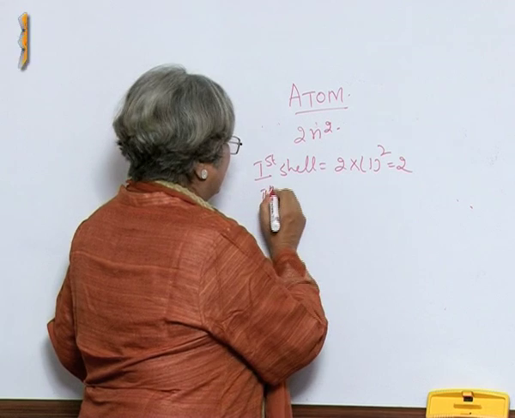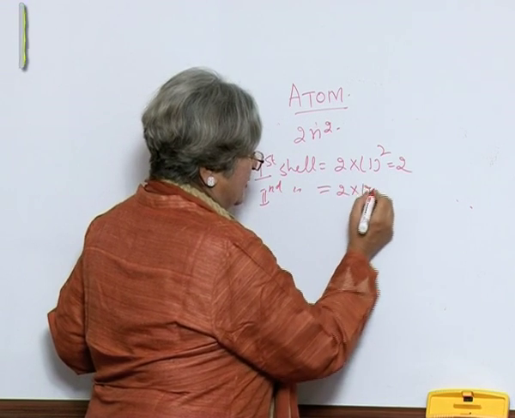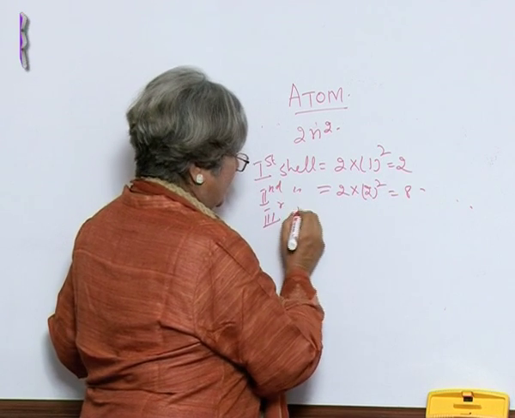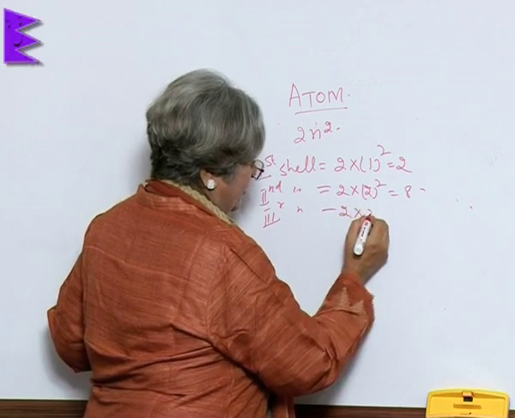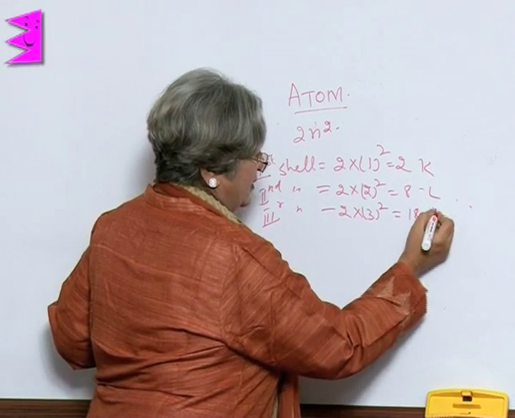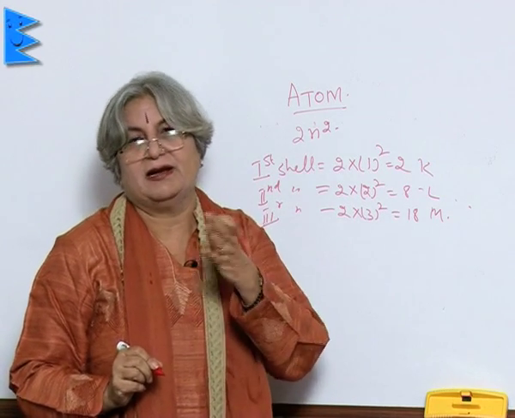Second shell will be 2 into 2 whole square, which means 8. Third will be... so every time the electrons will be arranged like this.